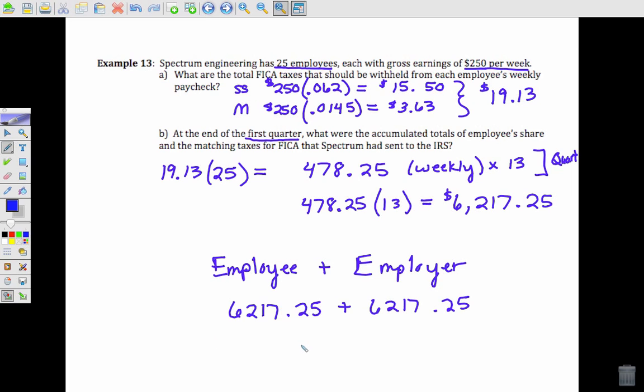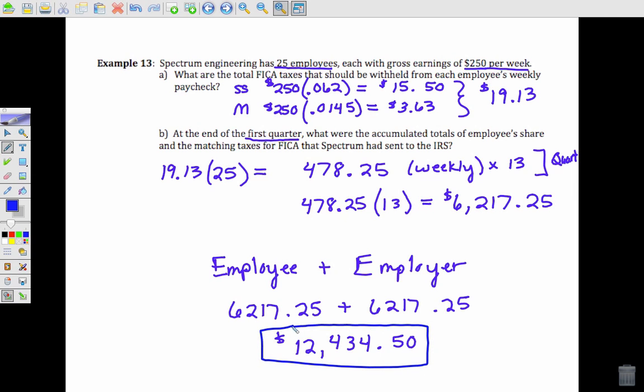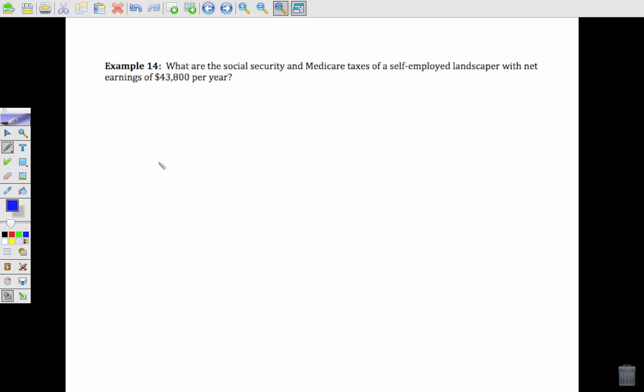The total contribution would be $12,434.50. That's how much has to be paid in total, with the employer's contribution being half. All right, so that's how you figure out the first quarter.